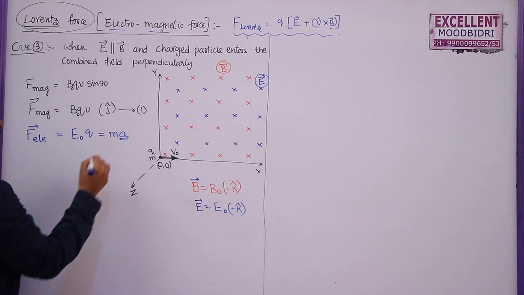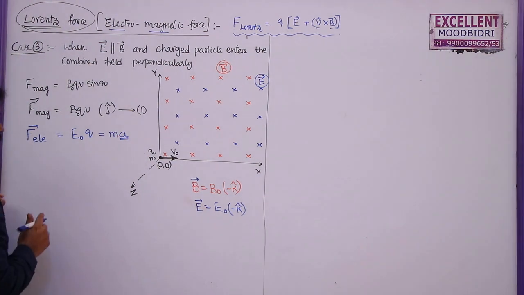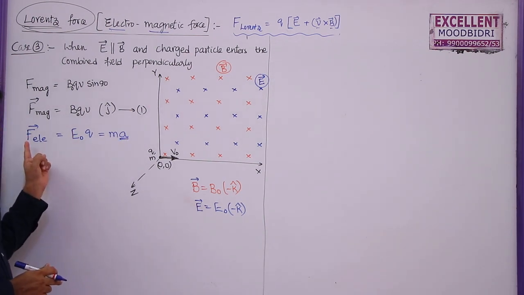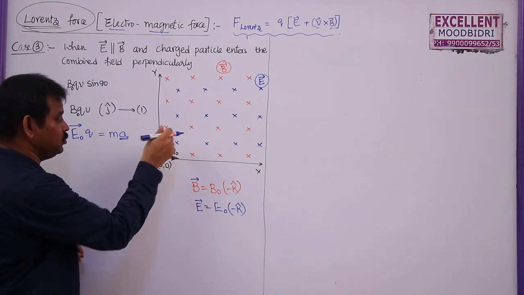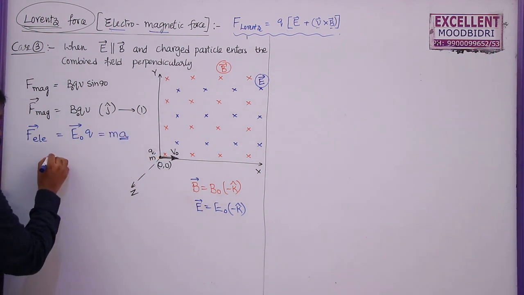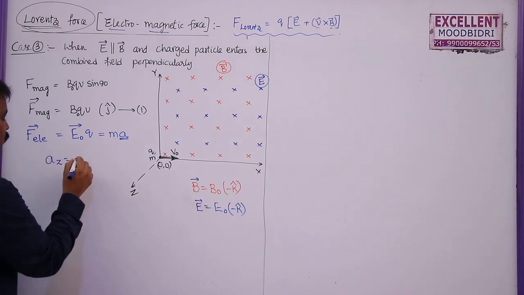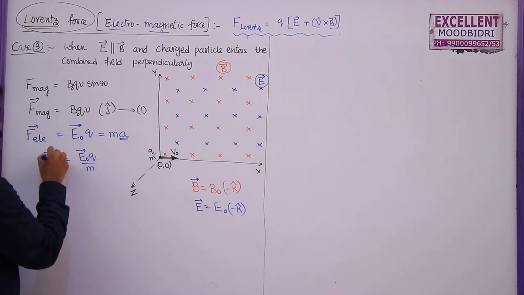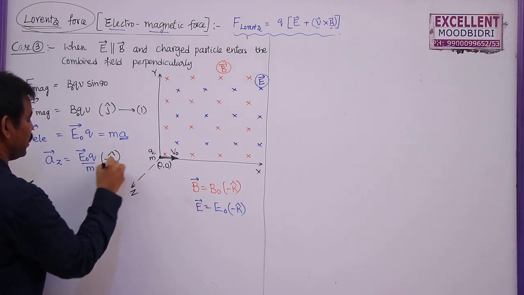So this is the acceleration acquired by the charged particle due to the electric force. So what is the direction of this electric force? As this charged particle is experiencing force along negative z-axis, this is also the acceleration along negative z-axis. So here I am going to write a z, because acceleration in the negative z direction, which is given by E naught Q by m, and its direction is along negative z-axis, that is minus k cap.